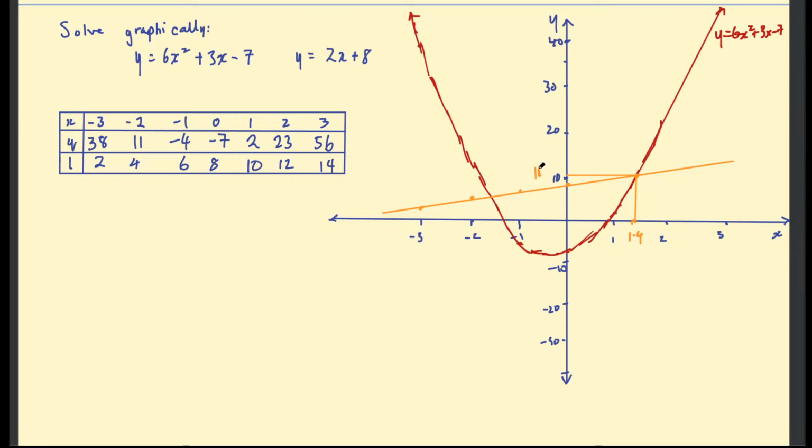I'm not saying it is 11, but that's just my estimate. So graphically, considering you'd be using graph paper for this, we get an estimate for the solution of y approximately equal to 11 and x approximately equal to 1.4. So now let's go ahead and see what the actual solutions are.